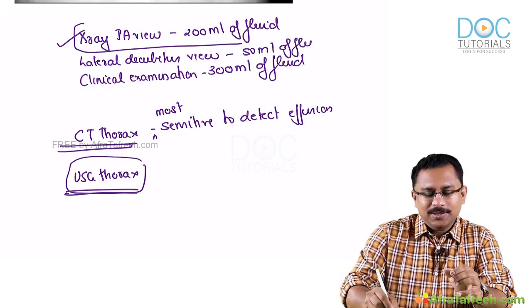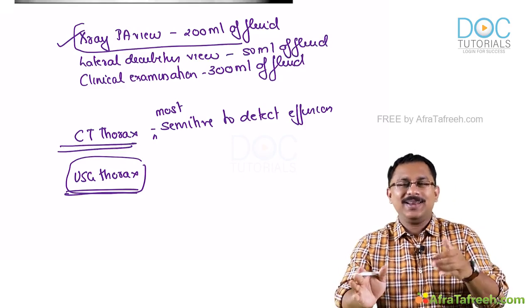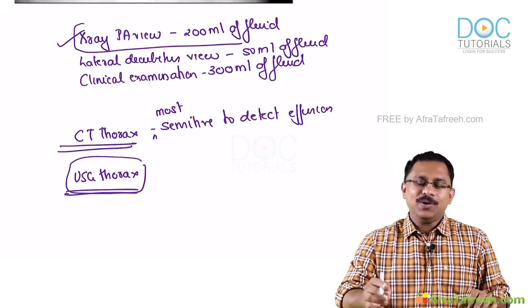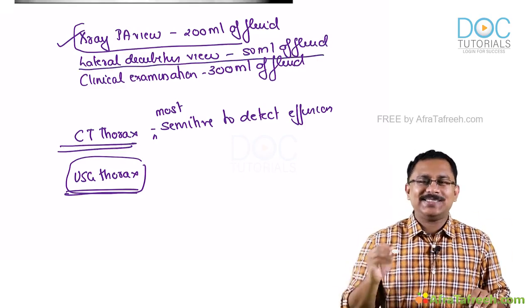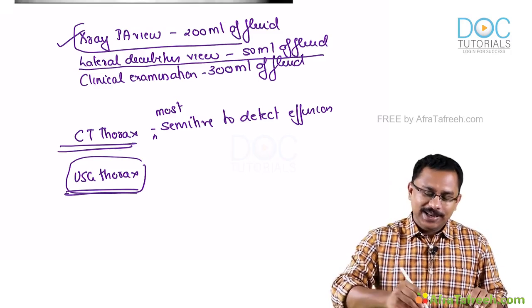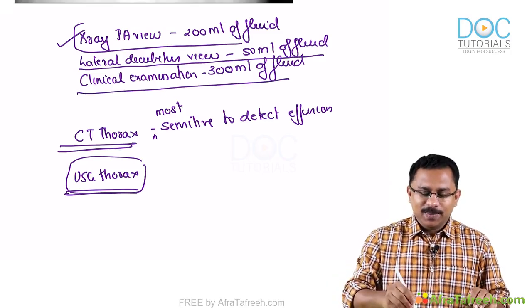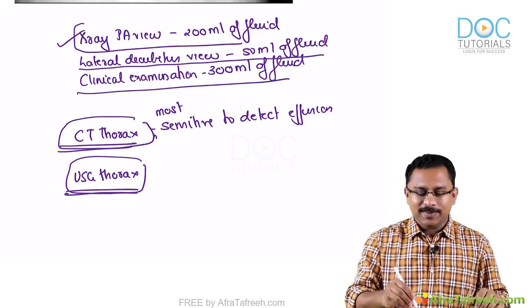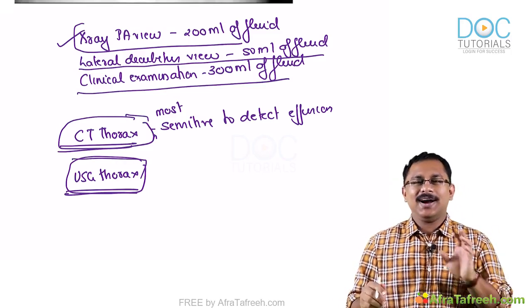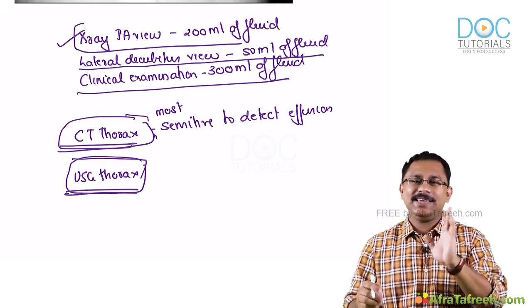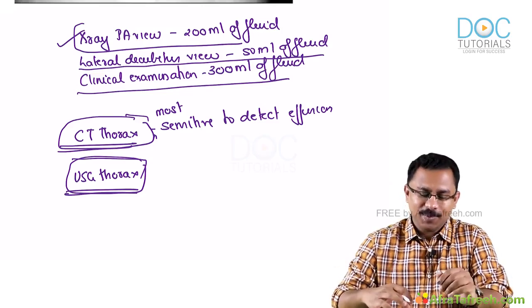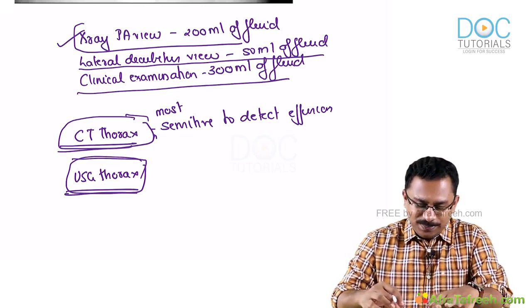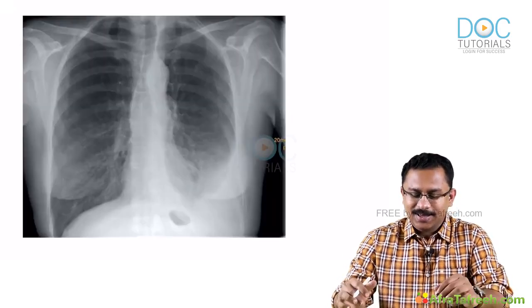So just keep in mind this question also. Lateral decubitus view, 50 ml; clinical examination, 300 ml; but most sensitive, even less than 50 ml, you can detect by CT thorax as well as ultrasound. Most sensitive is CT thorax. Okay, very important.